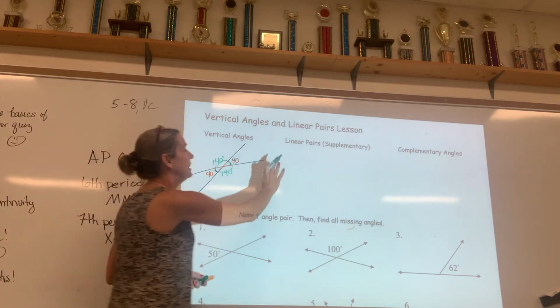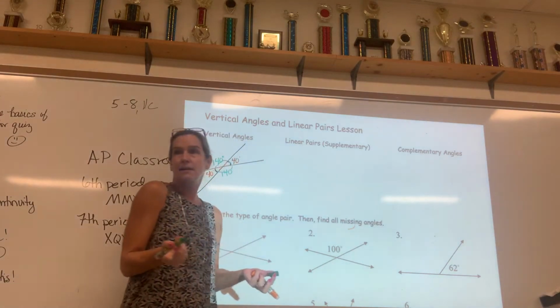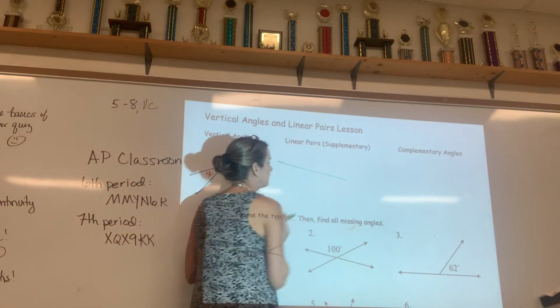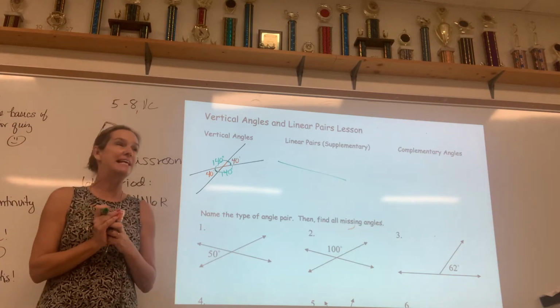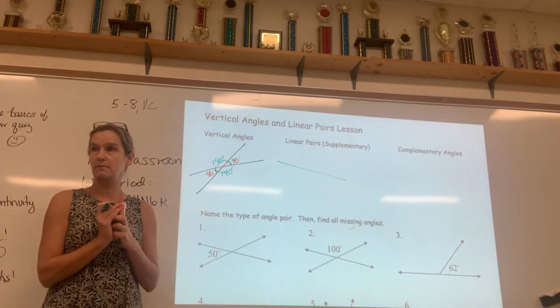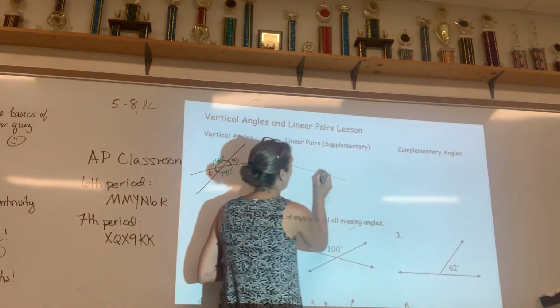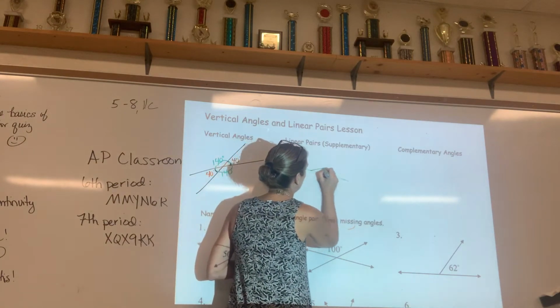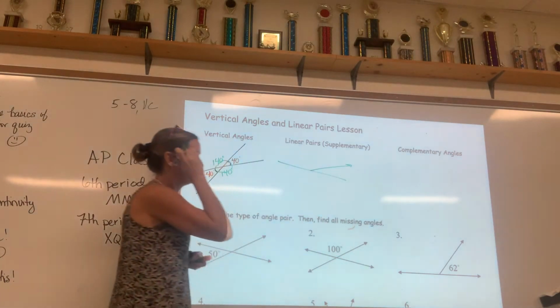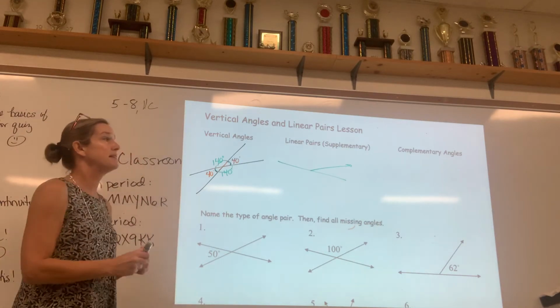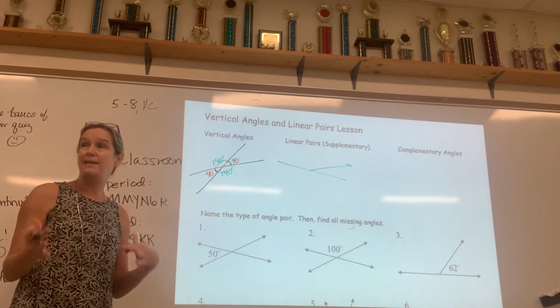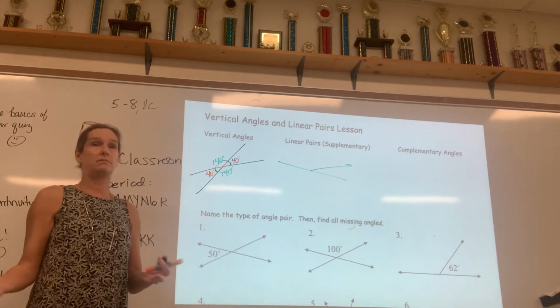All right, so linear pair, we kind of already said it. Draw a line. Linear means line. Draw an angle coming off of that line any old way you want, maybe this. Two angles that form a line are called a linear pair, okay?